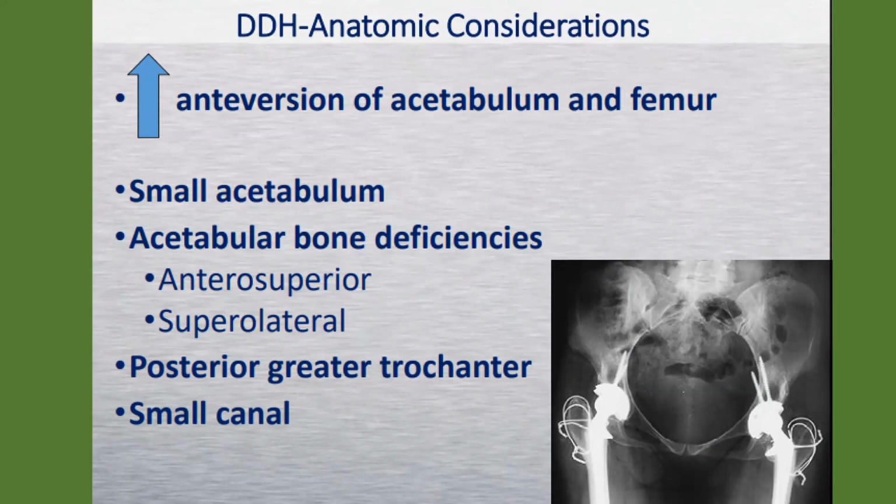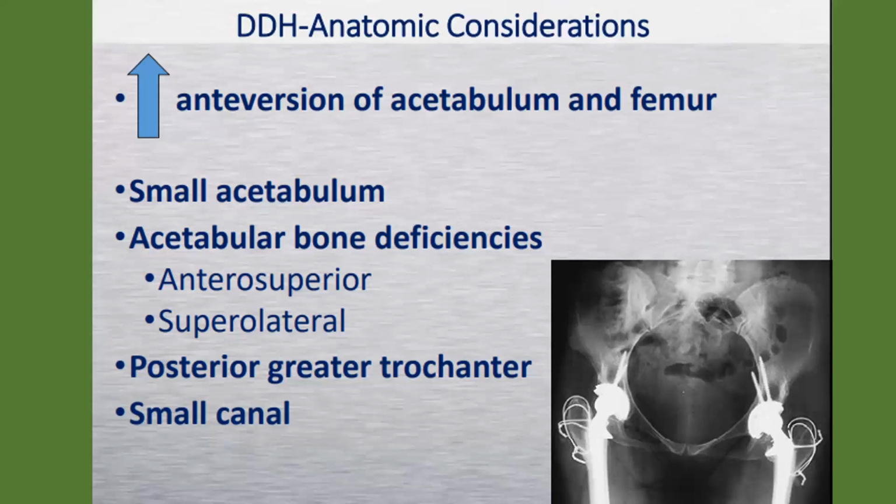We all know that in DDH, with the high riding hips, the acetabulum is anteverted. We know that the femoral head is anteverted. At times it reaches 90 degrees. The normal is 10 to 15 degrees. We know that they could have a small acetabulum, which is below, while the pseudoacetabulum is above. It's at times difficult to find the true acetabulum, but we need to find it.